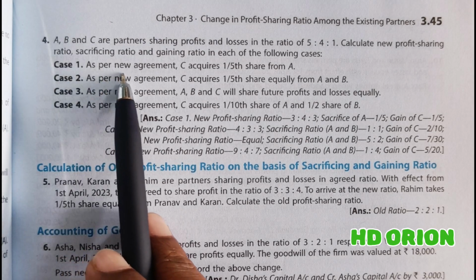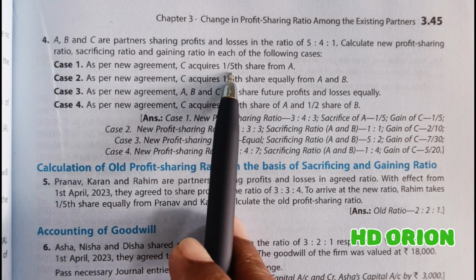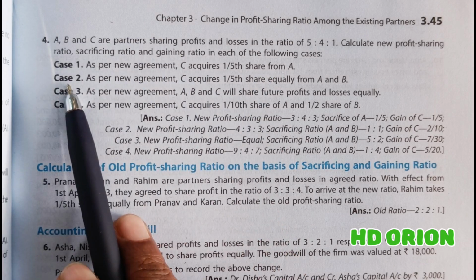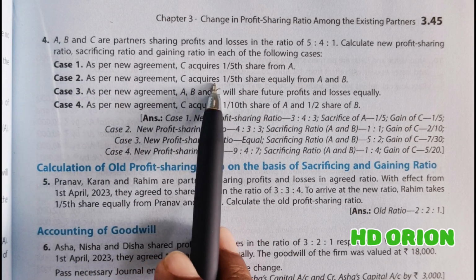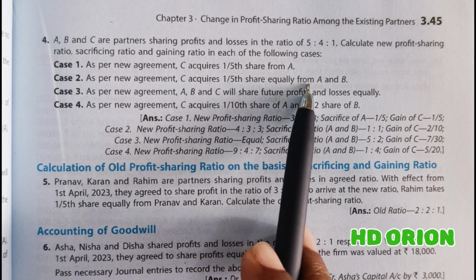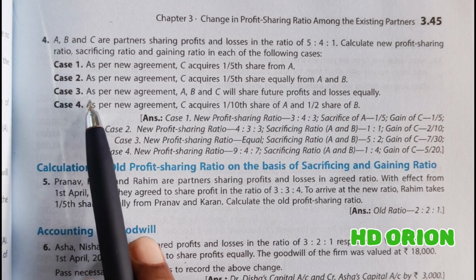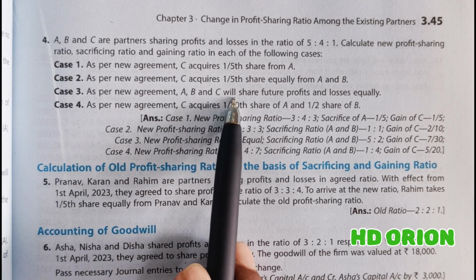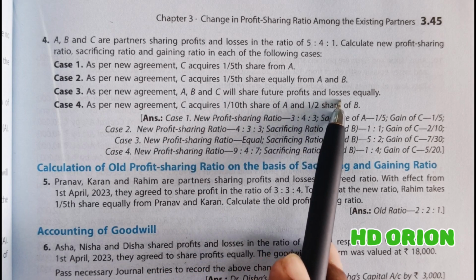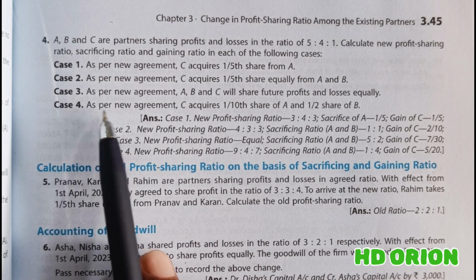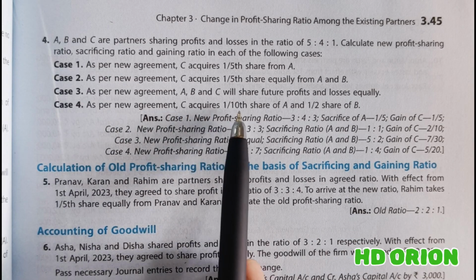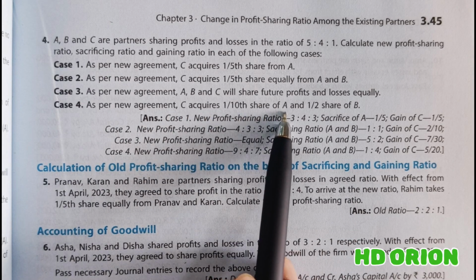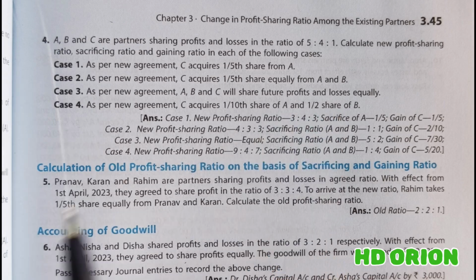Case 1: as per the new agreement, C acquires 1/5 share from A. Case 2: C acquires 1/5 share equally from A and B. Case 3: A, B and C will share future profits and losses equally. And case 4: C acquires 1/10 share of A and 1/2 share of B.